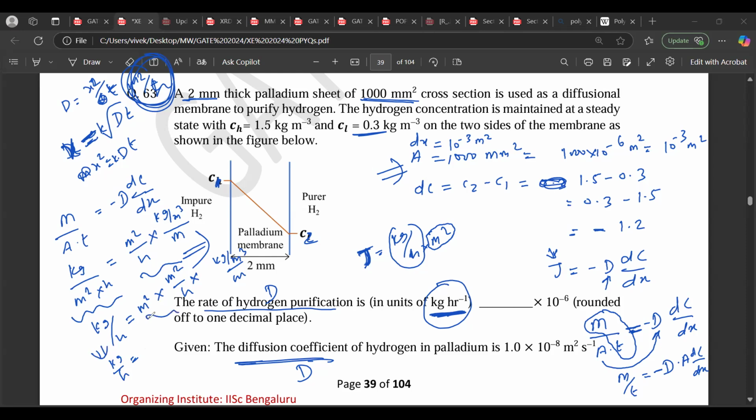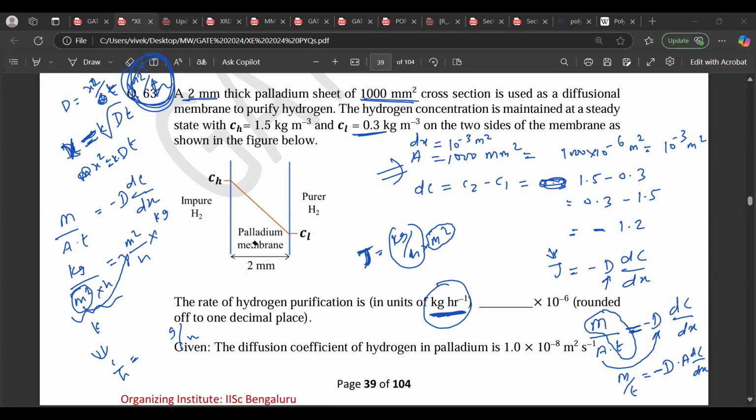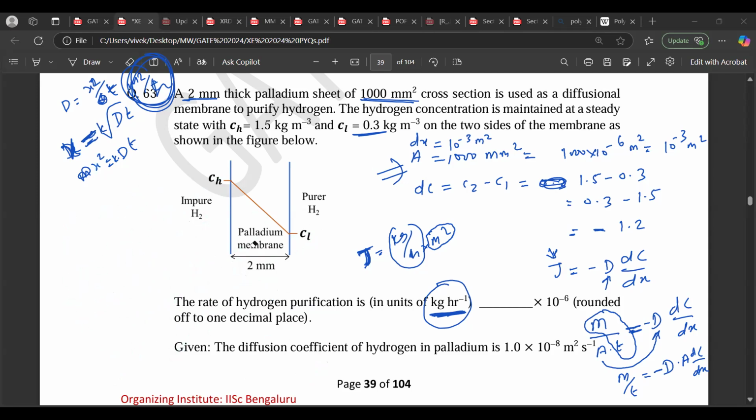So dimensionally, it's okay to find kg per hour. Only you need to transfer this meter square to this side. That is the only idea. Nothing else, guys. It's just common sense, unit methods. You have to understand the units of each. So you might think, sir, I didn't remember the unit of J. Oh my God, how can you not remember the unit of J?